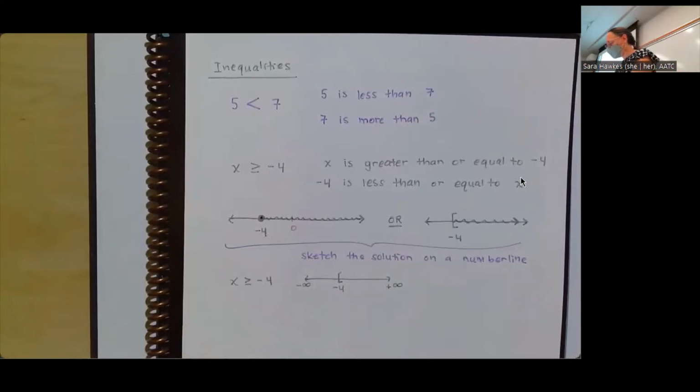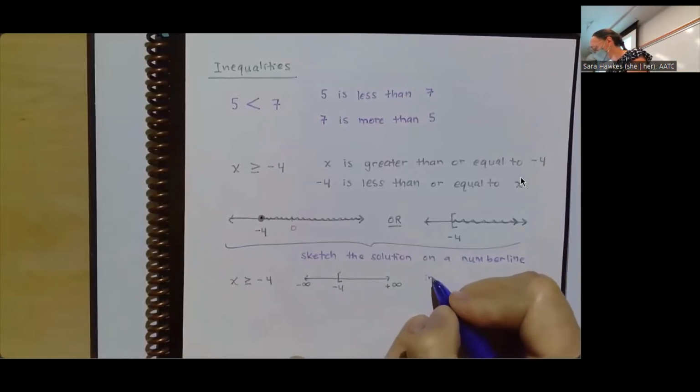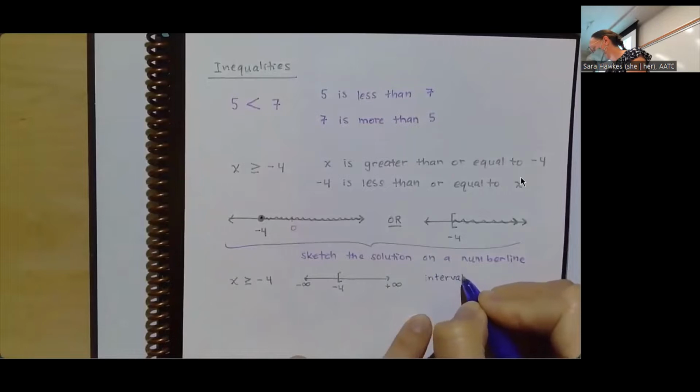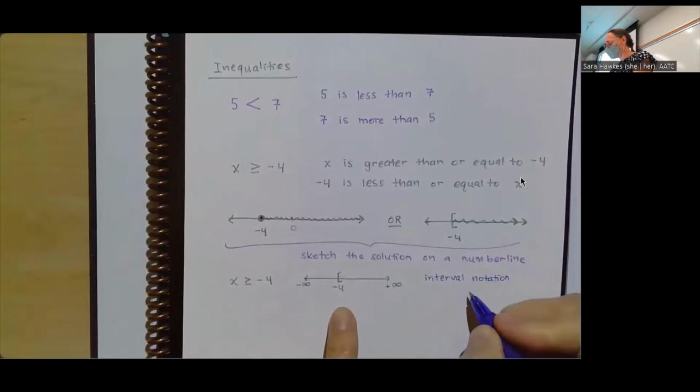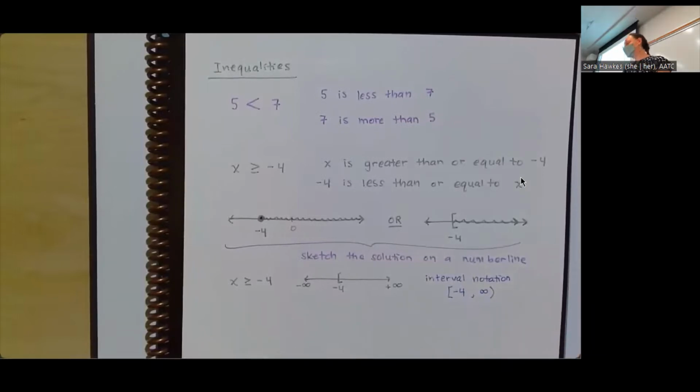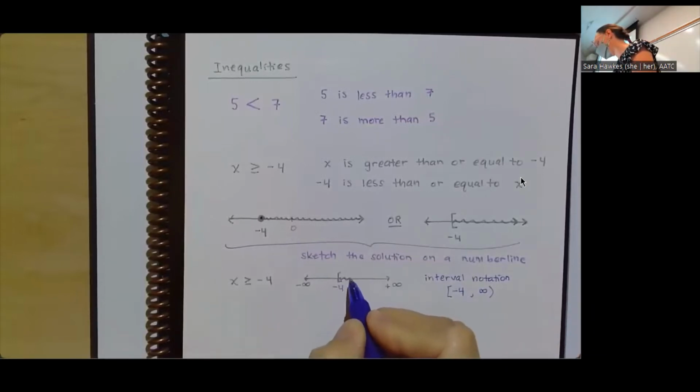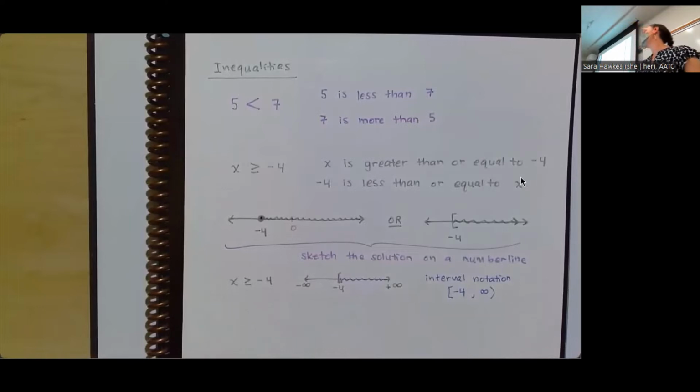Pick another color. And in interval notation, that solution would look like -4 to +infinity, because I'm indicating the interval of the number line where all of the answers live.